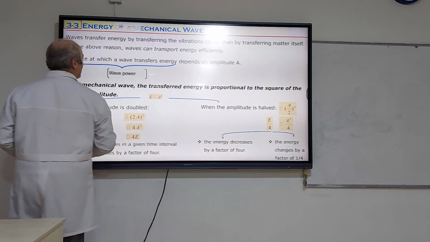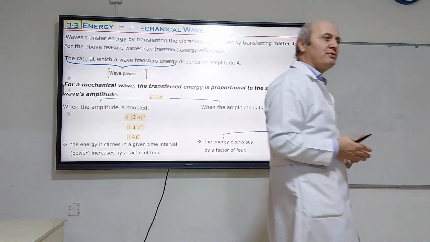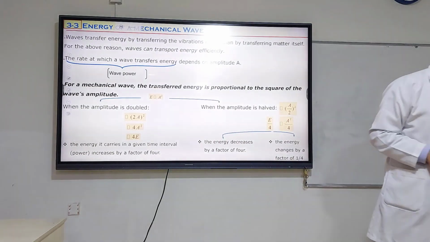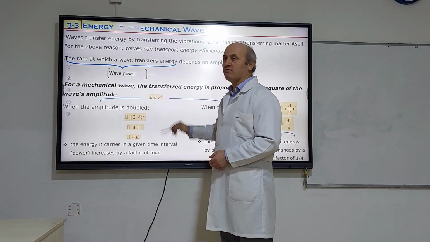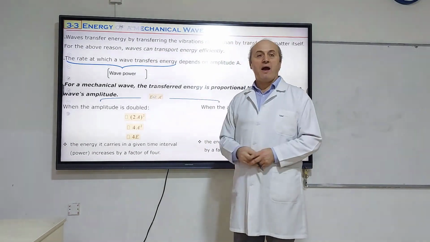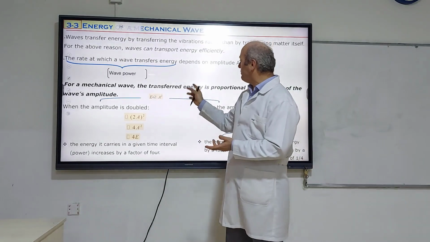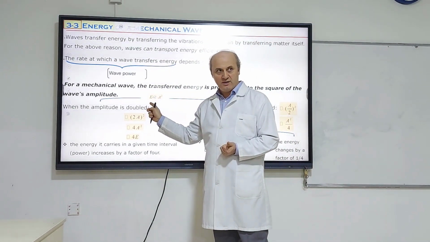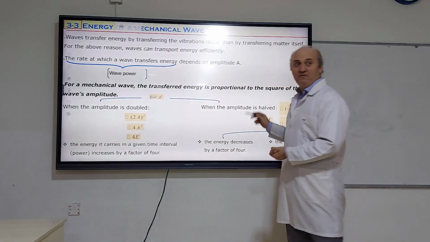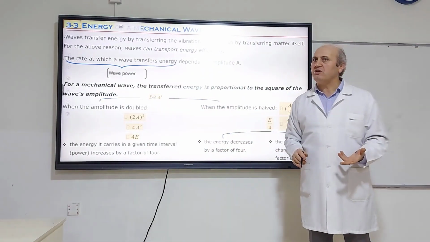And energy. A wave transfers energy from one point to another. The energy transferred by the wave is proportional to the square of the amplitude. If amplitude doubles, energy increases by 4. If amplitude triples, energy increases by 9, the square of that. Or if we want energy to triple, amplitude should increase by what?